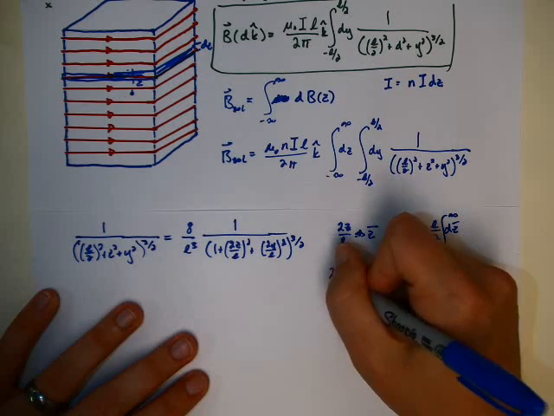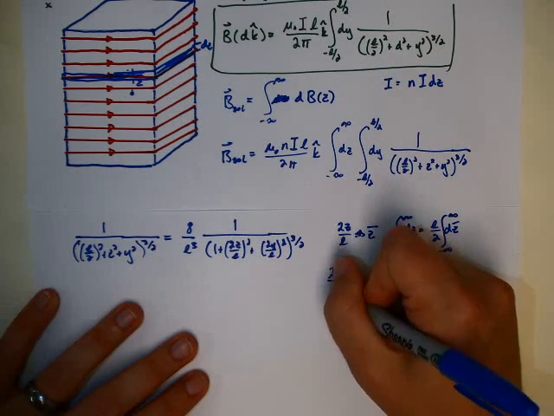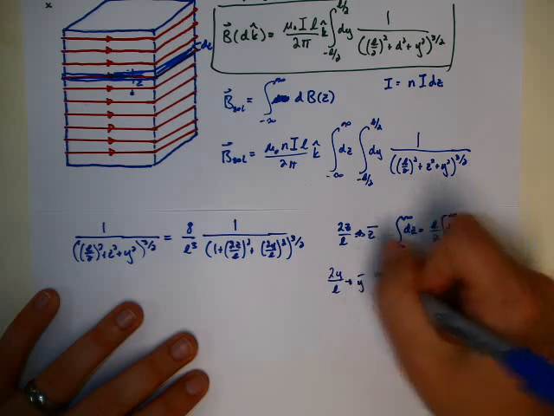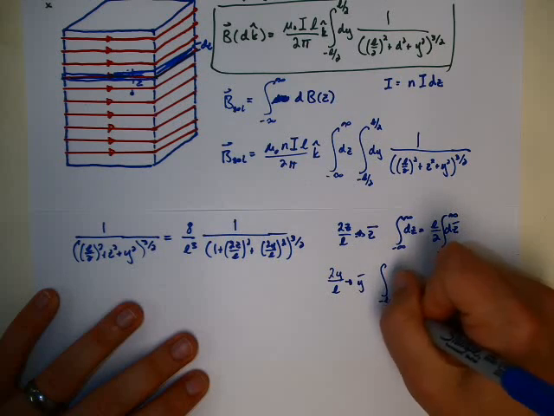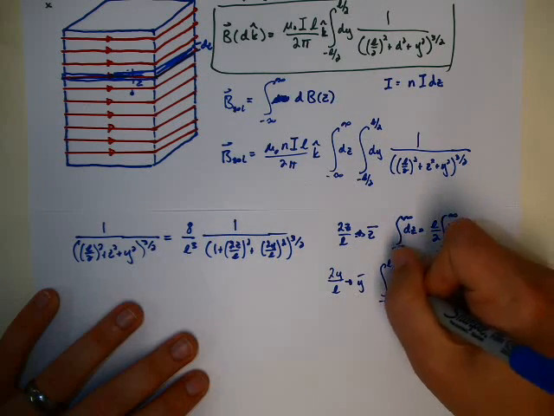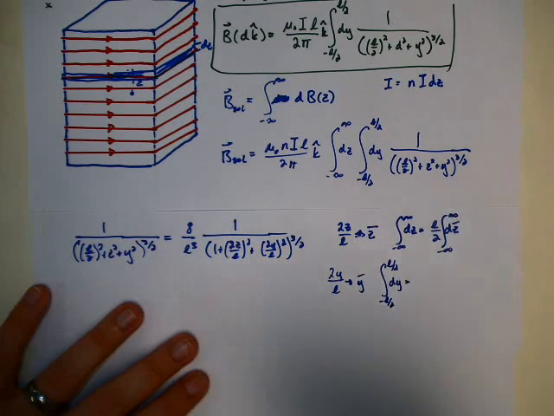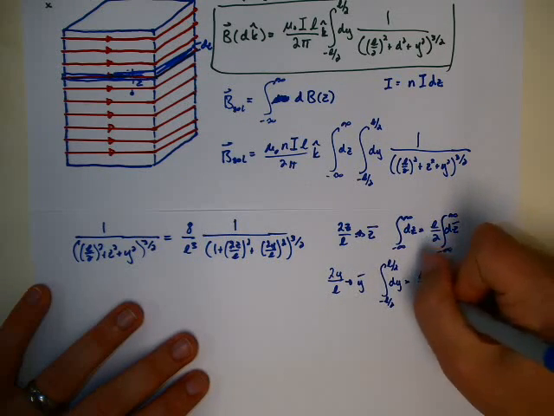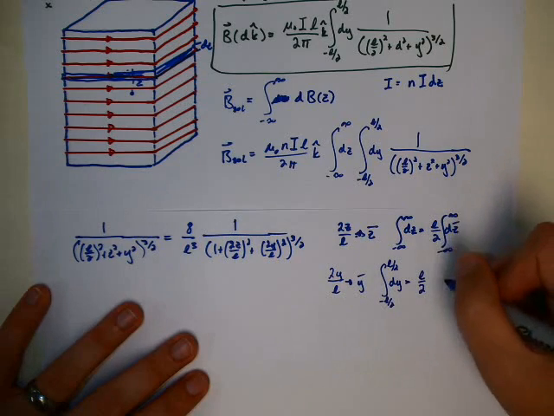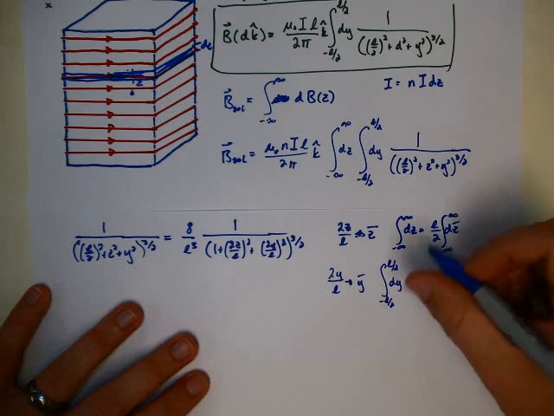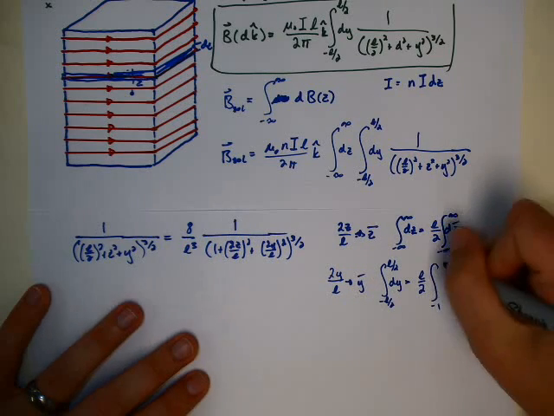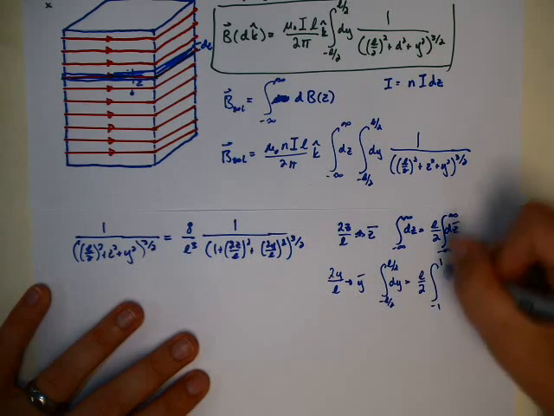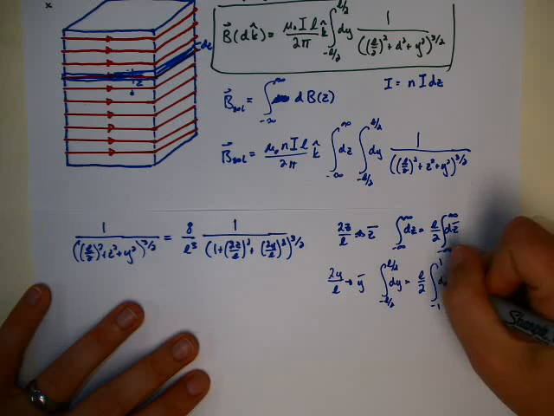Now the other one, of course, is 2y over L going to y bar. And now my integral from minus L over 2 to L over 2 dy is going to be equal to L over 2 times the integral from minus 1 to 1 of dy bar. So my limits will no longer reference L.